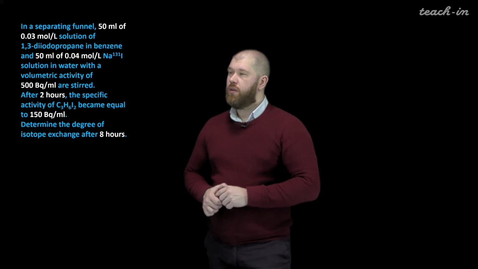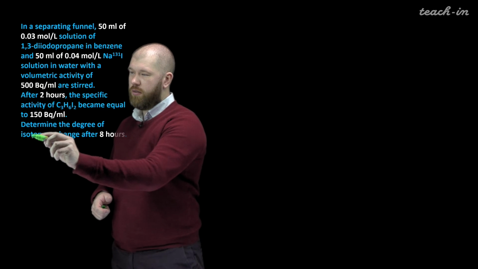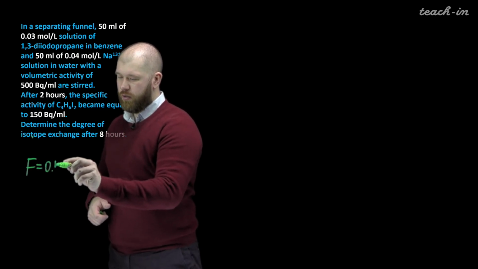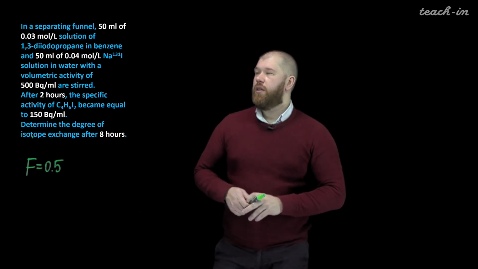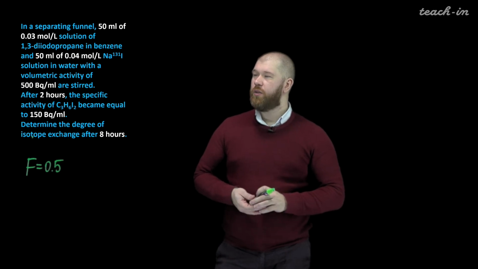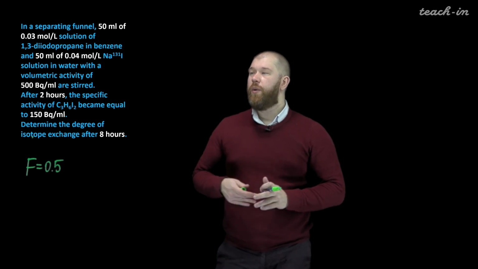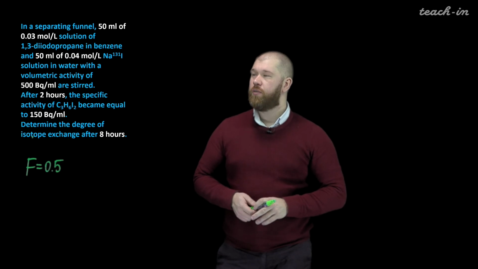We determined that in this case the degree of isotope exchange is 0.5, and how do we calculate what the degree of isotope exchange will be after 8 hours, for example, or when the equilibrium will be reached?